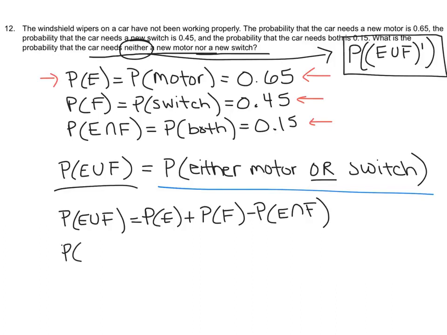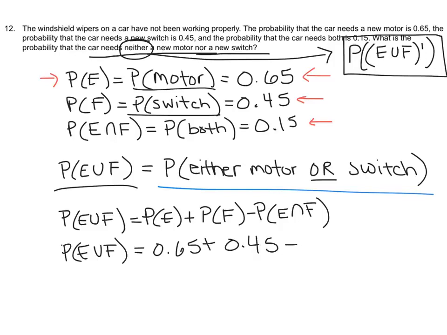So P of E union F is what I'm trying to find, and then the probability of E, which is the probability of the motor, is 0.65. Then I'll add that to the probability of the switch, which is 0.45, and then I'll subtract the probability of both happening, which is 0.15. 0.65 plus 0.45 is 1.1.